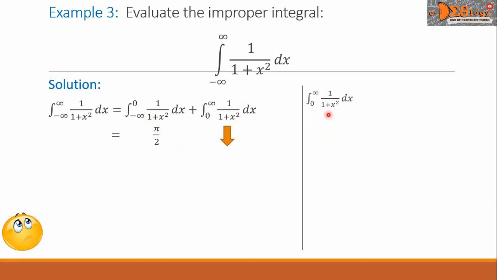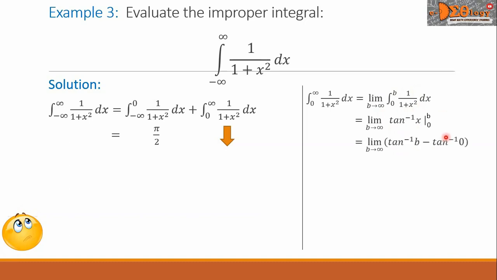Writing this integral again on this side, we say that this is equal to the limit of the integral from 0 to b of the function 1 over 1 plus x squared dx as b approaches infinity. The integral of 1 over 1 plus x squared dx, we know that this is equal to tangent inverse x. This time, this will be evaluated on the limits from 0 to b.